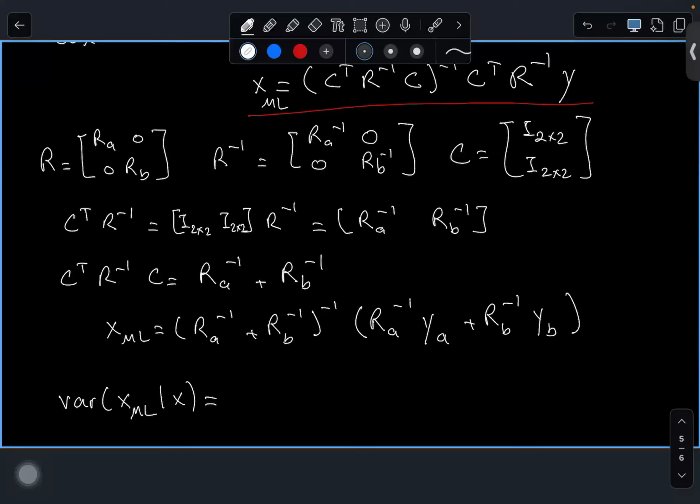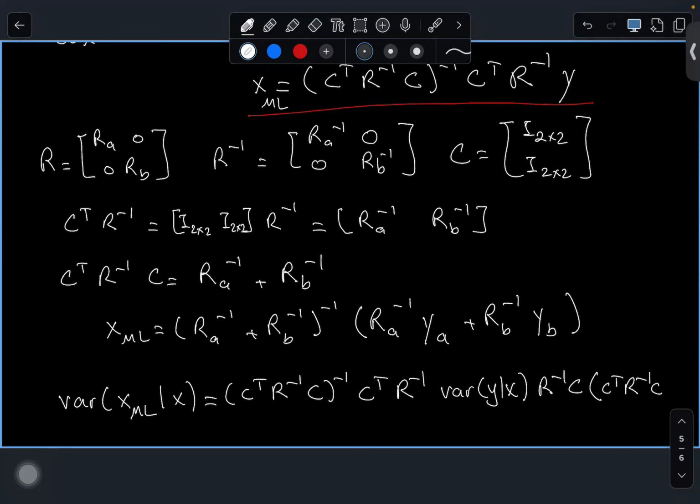So I want to know the variance of X ML, the maximum likelihood estimate. That is C transpose R minus 1 C inverse, C transpose R minus 1 times the variance of Y given X times that first term, its transpose. So it's going to be R minus 1 C, transpose R minus 1 C minus 1 quantity transpose.